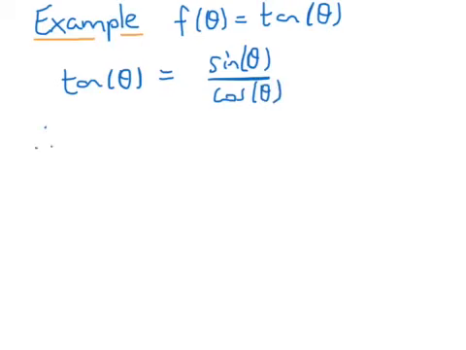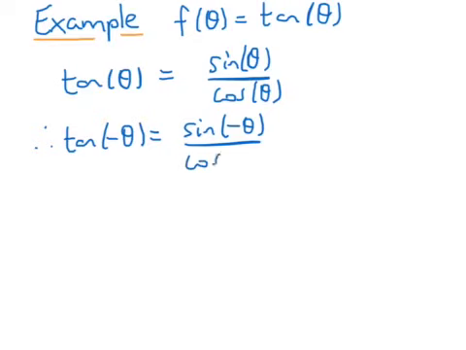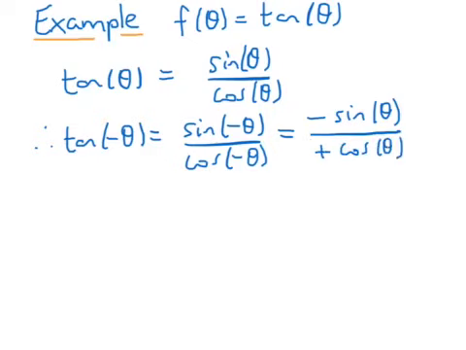So if we want to see whether this is an even function or an odd function, we want the tangent of minus theta. So this is the sine of minus theta divided by the cosine of minus theta. The sine function, as we have already argued, is an odd function, minus the sine of theta. The cosine function is an even function.